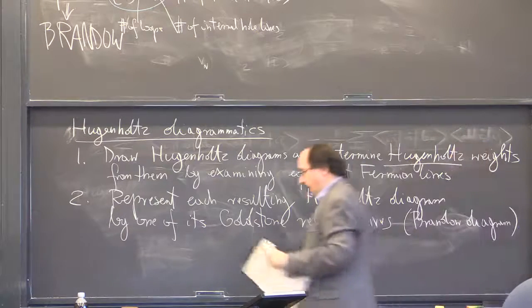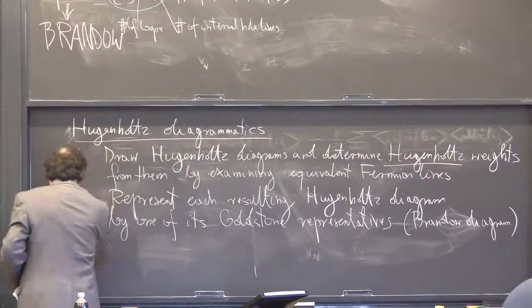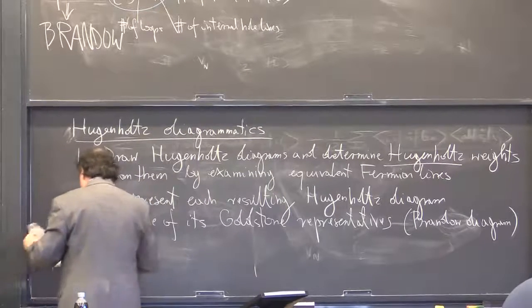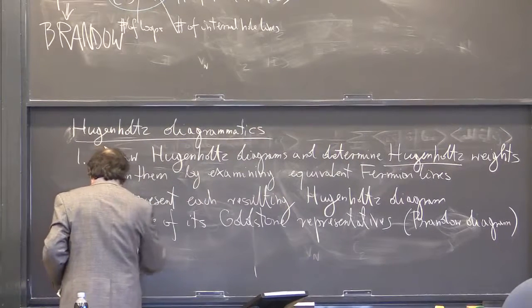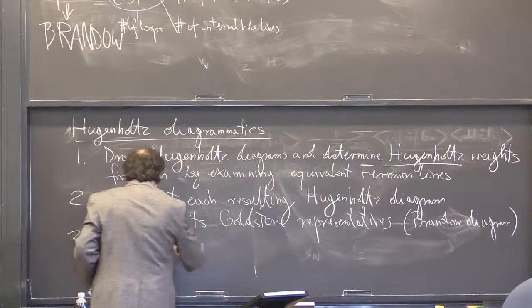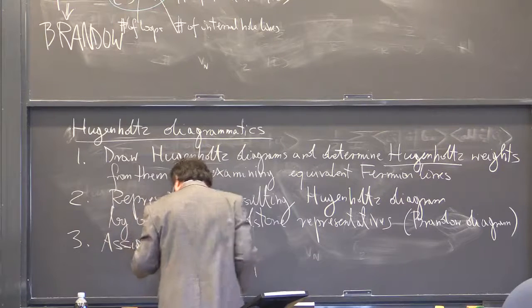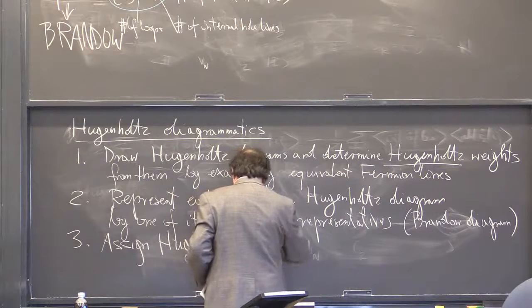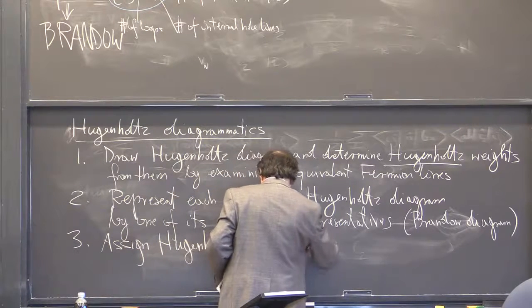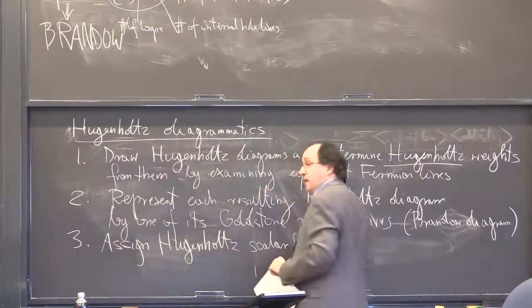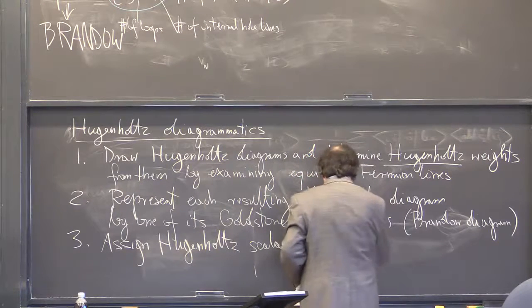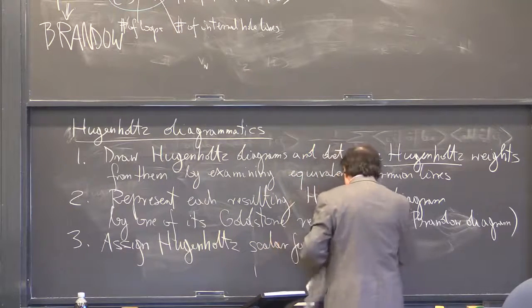And then in point 3 we assign Hugenholtz scalar factors, which means anti-symmetrized matrix elements or their products.